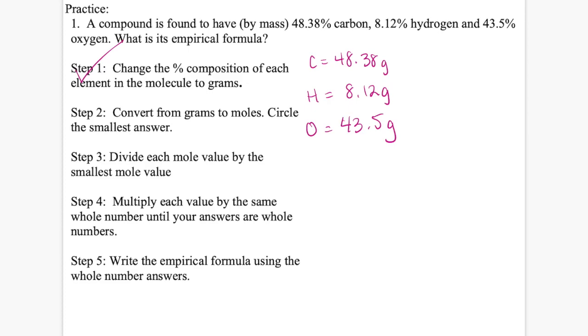Step two, convert from grams to moles. In order to do that, we multiply by the ratio converting from grams to moles, using the mass that we find on the periodic table for each of these elements. For carbon, the mass is 12.011. For hydrogen, it's 1.008. And for oxygen, it's 15.999.